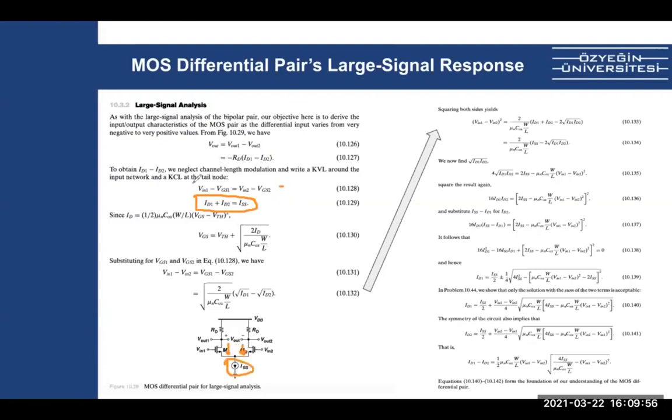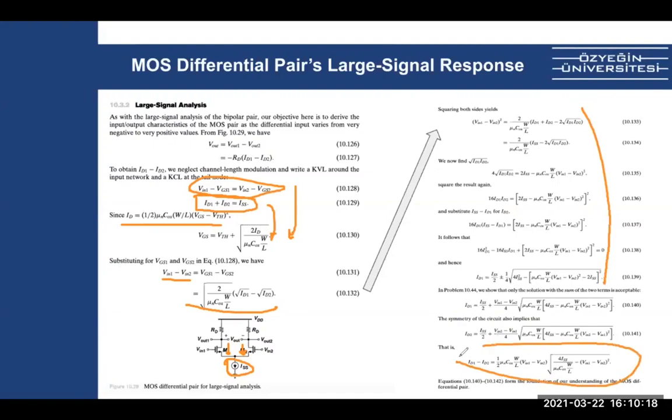With these two equations, and writing the formula for the saturation currents, we can write V in 1 minus V in 2 in terms of the currents. Then, after a bunch of other equations, we eventually get this equation.